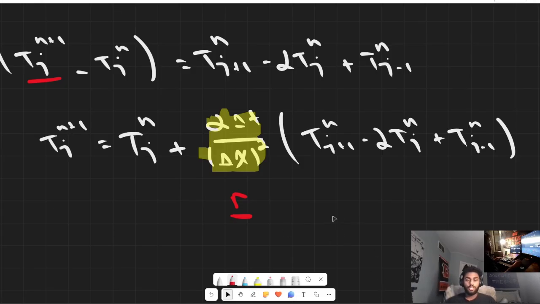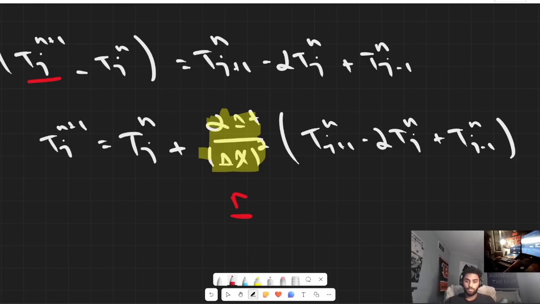Our initial state is that our bar is at a uniform 20 degrees Celsius, and at time equals 0, one end is heated to 50 degrees Celsius and the other end is heated to 80 degrees Celsius. And our goal is to see how that temperature propagates and eventually reaches a steady state after some time has elapsed, and then figure out at what time period that steady state shows itself.